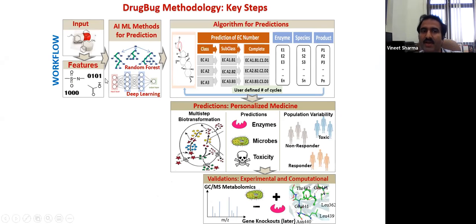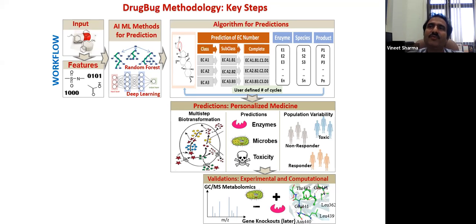So this was also one of the critical things here. How it works is that any input molecule is converted into features, which are descriptors and fingerprints. And we use random forest and deep learning methods to predict the enzyme in 3 steps. First, it predicts the broad class of that enzyme, that is, 1 to 6 classes among these 6. Then it looks at the subclass.